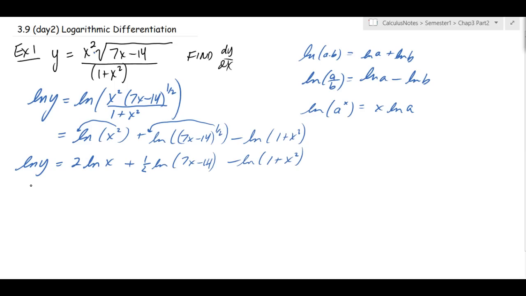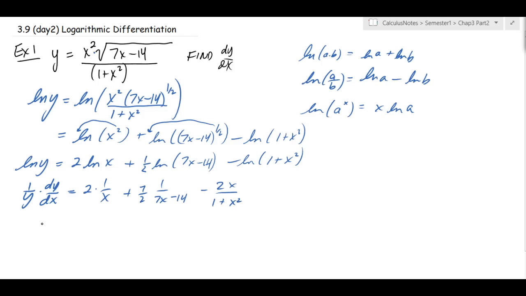Now, taking the derivative of both sides with respect to x, we get 1 over y times the derivative of the inside, dy/dx, equals 2 times 1 over x plus 7/2 times 1 over 7x minus 14 minus 2x over 1 plus x squared.